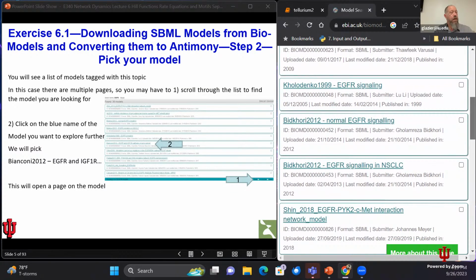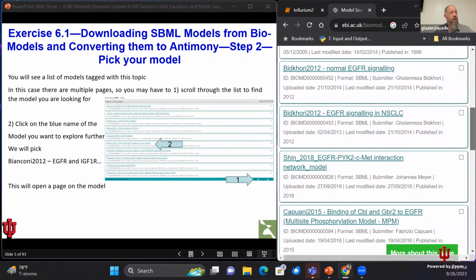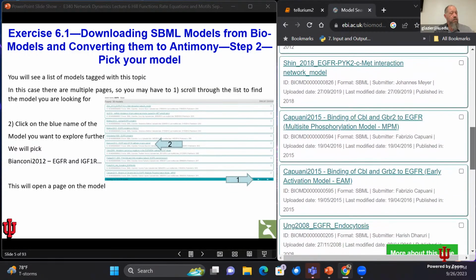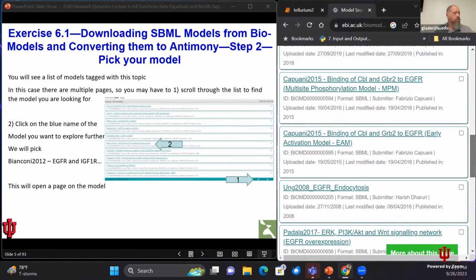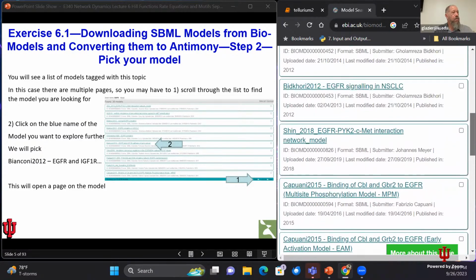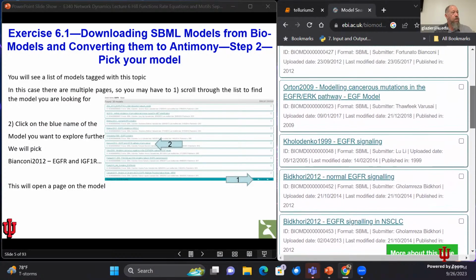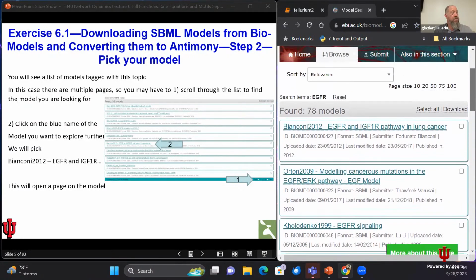These are all published models that have the growth factor receptor in them. And there are a lot of choices, and we could pick almost any of them, but let's pick this first one here, Bianconi 2012, EGFR and IGF-1R pathway in lung cancer.